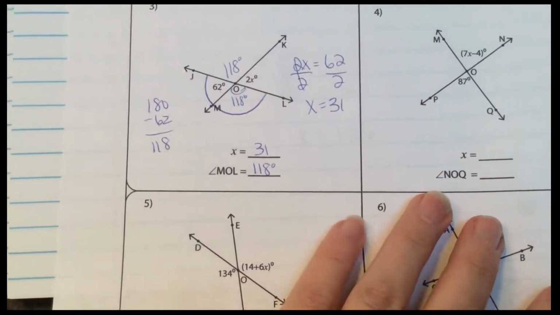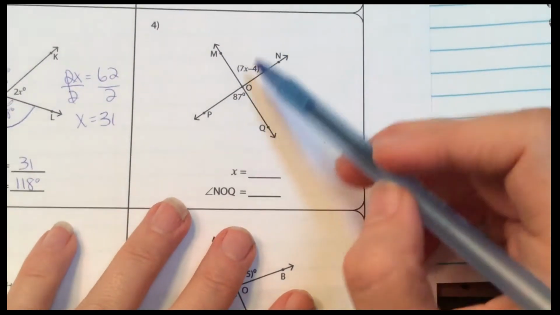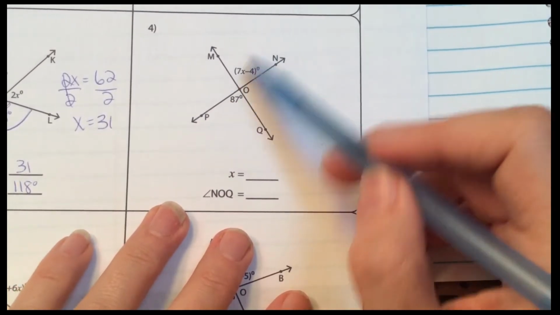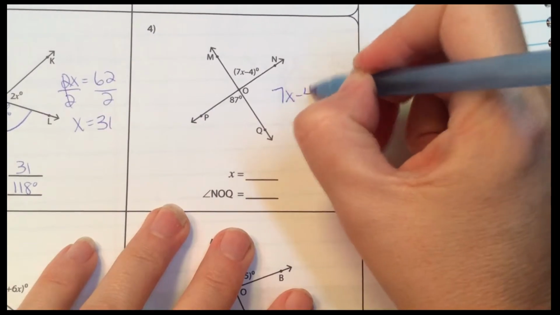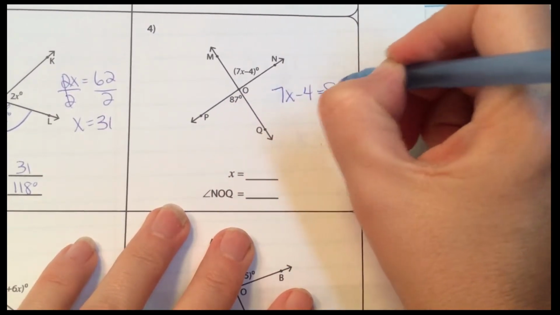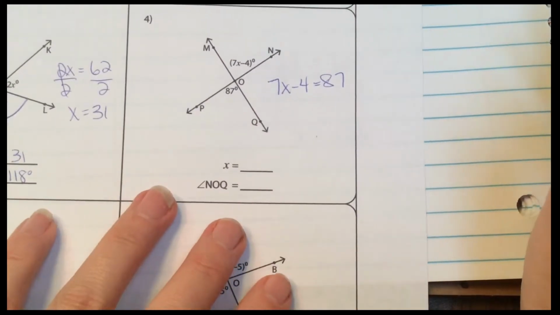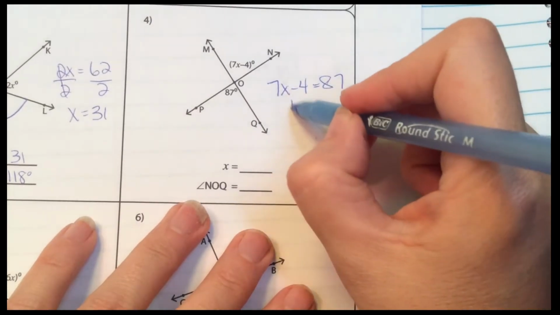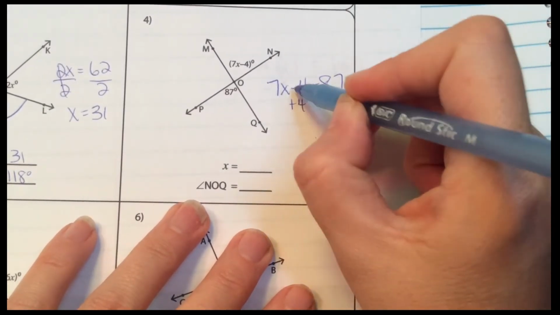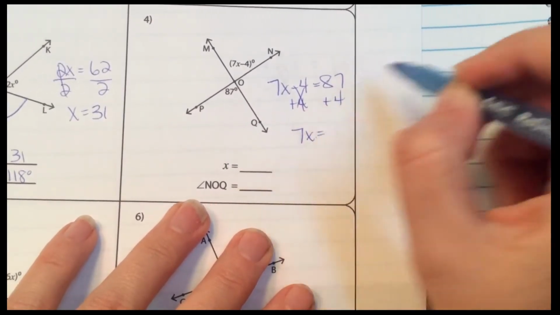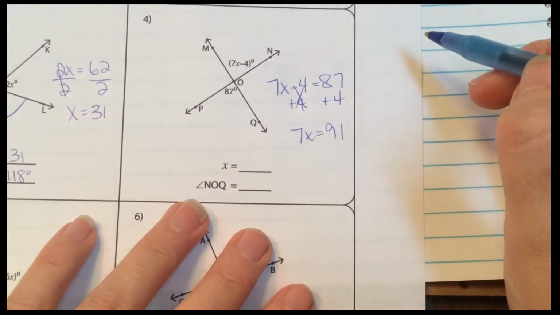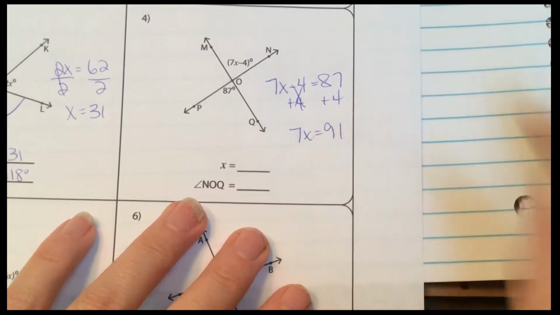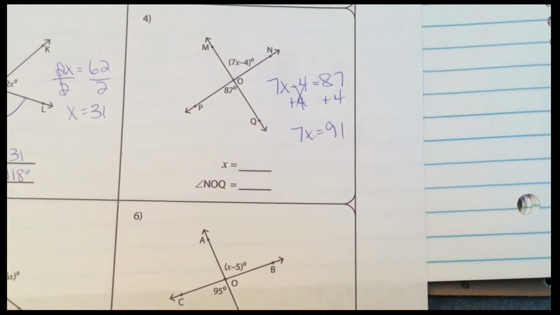All right, let's keep moving. We have 2 vertical angles that are the same, that are congruent, that are equal. So 7x minus 4 equals 87. I'm going to go ahead and just solve it on here. So I'm going to add 4 to both sides. And I'm going to get 91. I feel like I did that wrong. Let me see.